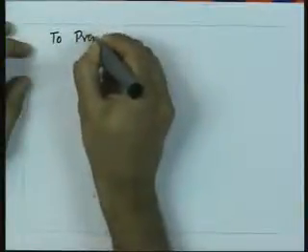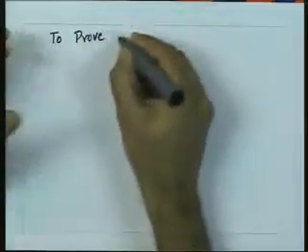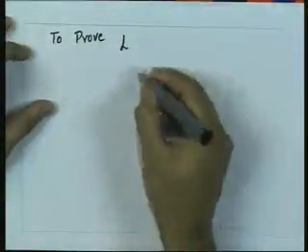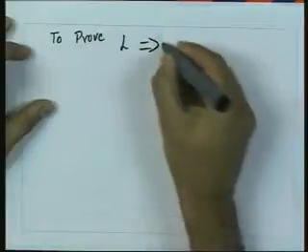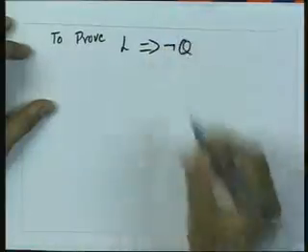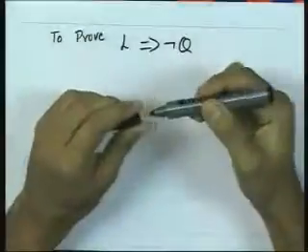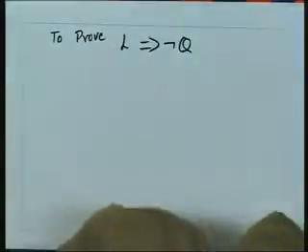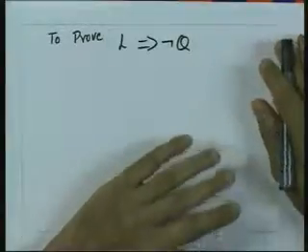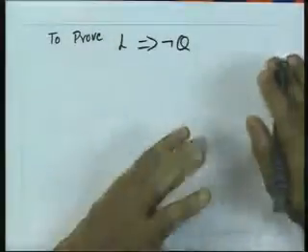And to put it down formally, what we are interested in proving is that if it is on loan, that is L, then it cannot be requested, which is not of Q, right. And this will help us check whether the specification matches our understanding of the software and vice versa.